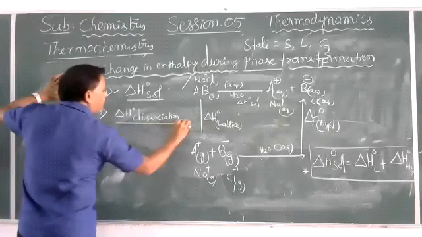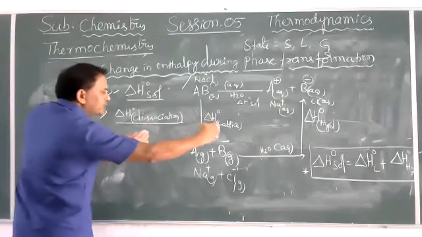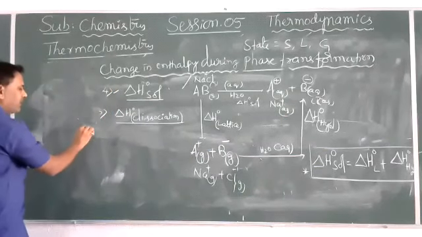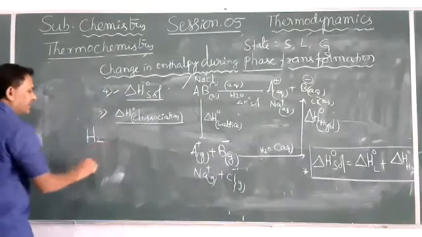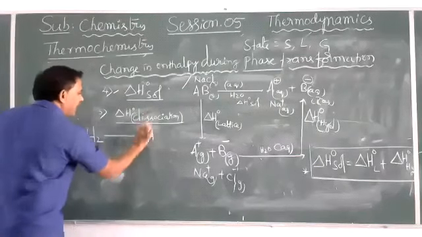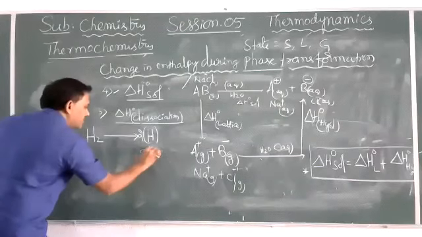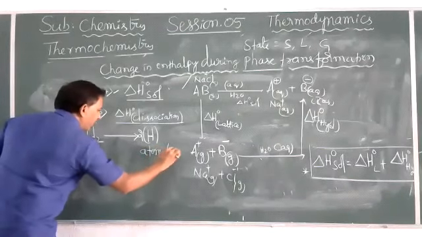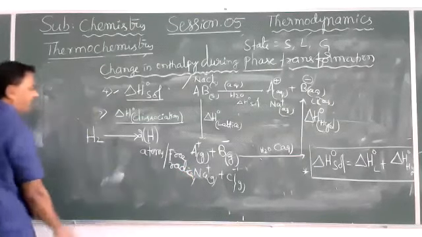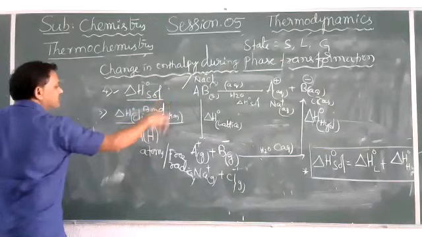The amount of energy required to dissociate a molecule into its constituent parts. For example, hydrogen gas is converted into hydrogen atoms, 2 moles of hydrogen atoms, either atoms or free radicals. The energy required is also called bond dissociation energy.